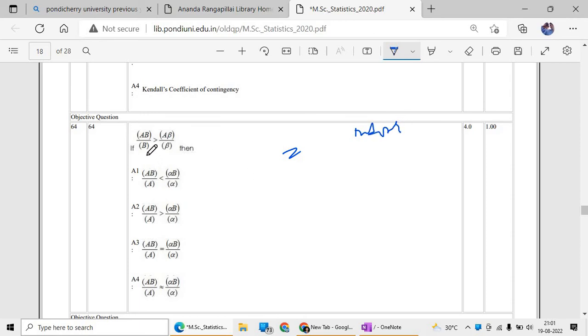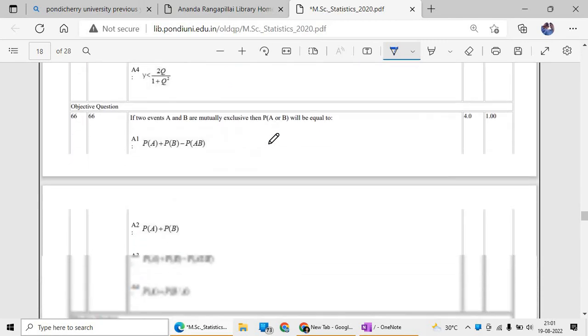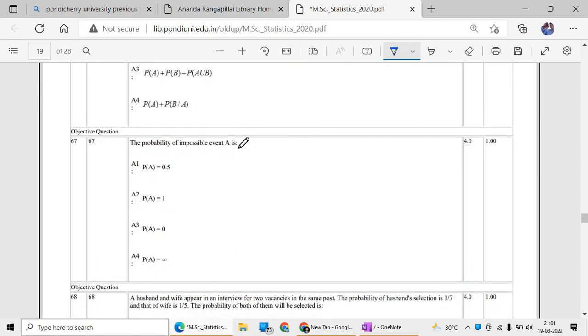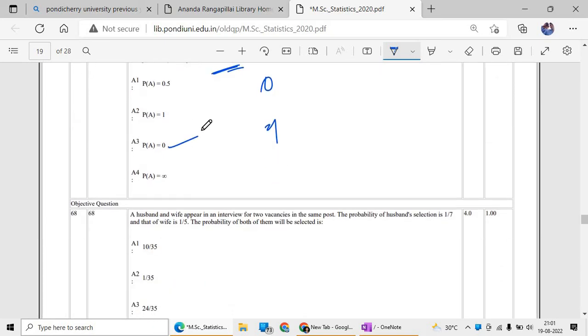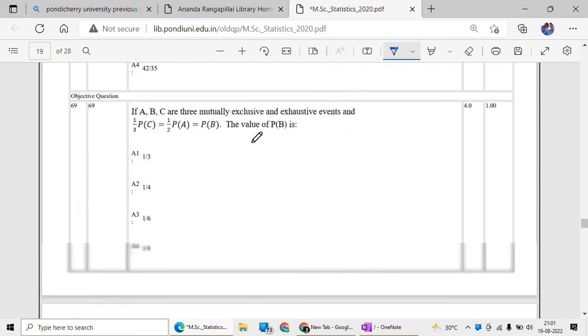If A and B given B. Again, this is formula based. A or B means probability of A plus probability of B. Impossible event is 0, sure event is 1. So impossible event is 0. So this is again a probability question. You can cross check these questions.